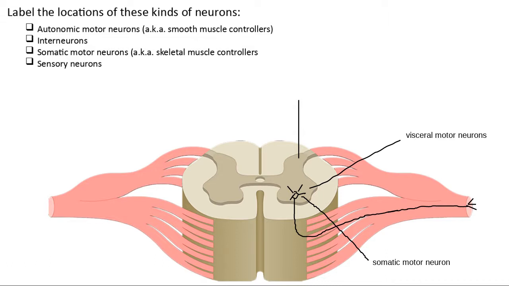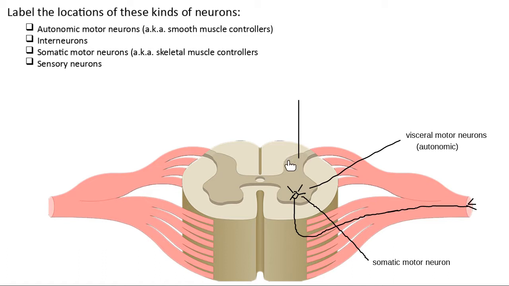Visceral motor neurons, or to use our lab word, autonomic motor neurons. The cell bodies of the neurons would go here, and then their axons would run out here through the ventral root. So it's absolutely right that motor information goes out through the ventral root because my cell bodies start in the horns and then they send their axons out of the body.